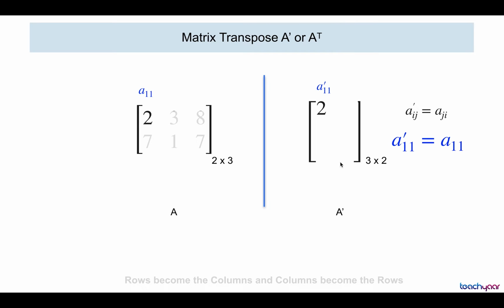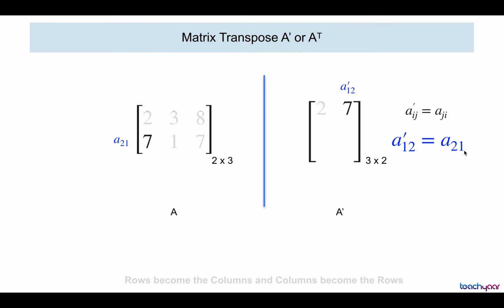Okay, superb. So now I'm going to go row wise for the transpose. Now I'm interested in finding out this element, A bar 12. So how do you find that? Well, A bar ij, so now i is 1, j is 2, is equal to a ji. So j is 2, i is 1, so it's equal to a21.